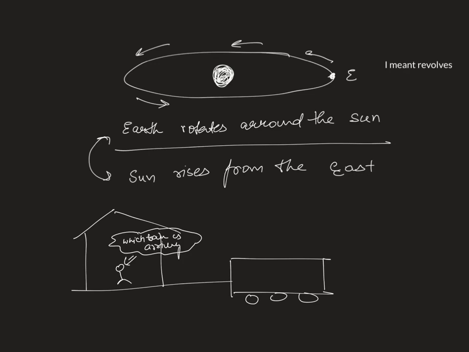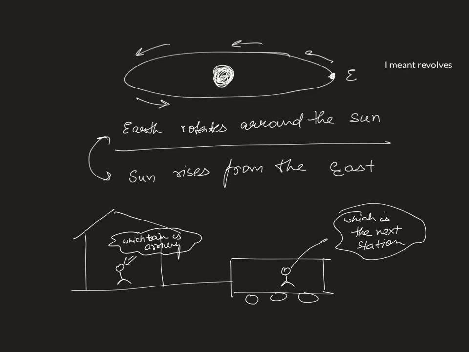And let's say we have a passenger in the train. The passenger in the train will say which is the next station. And again, what is the difference between these two generic statements? Which train is arriving and which is the next station?